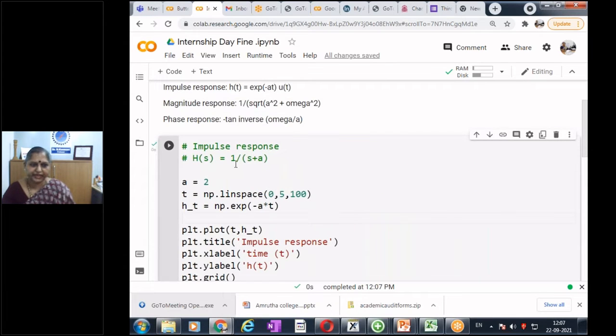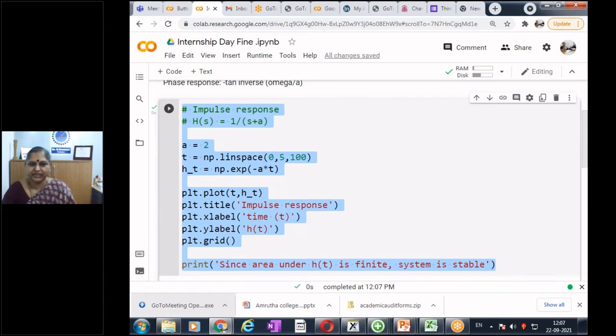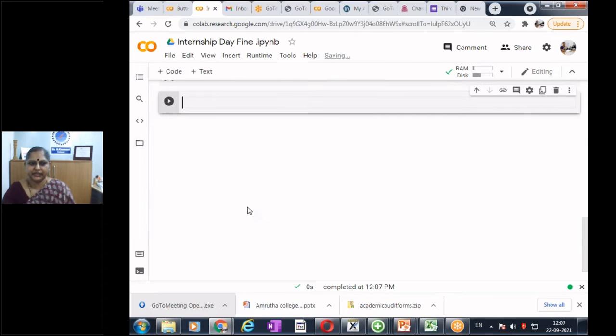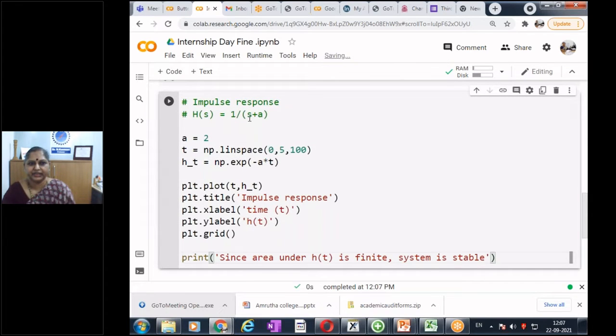So same thing, I can copy the whole cell and take another example and put it in another cell, and now here my h of s is 1 by s minus a, and I put a equal to minus 2, and then: since the area under h of t is infinite, the system is unstable.